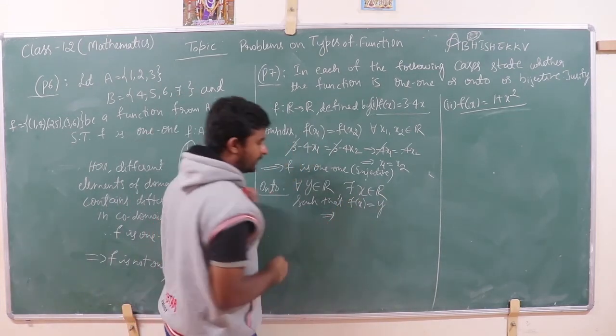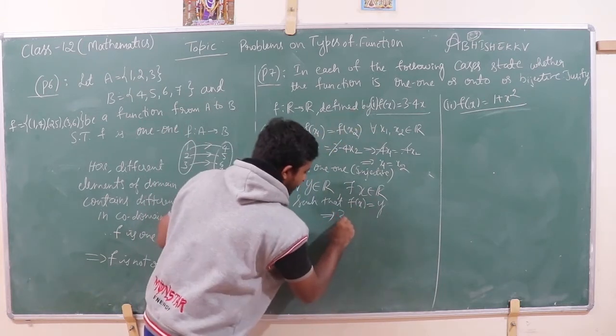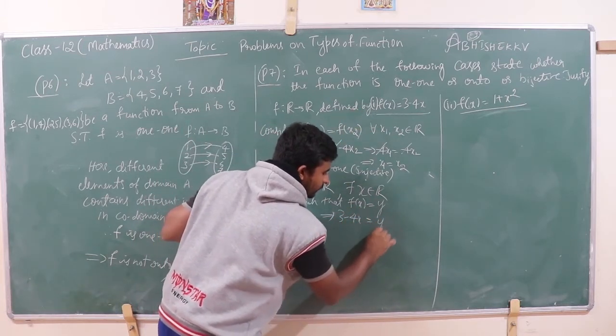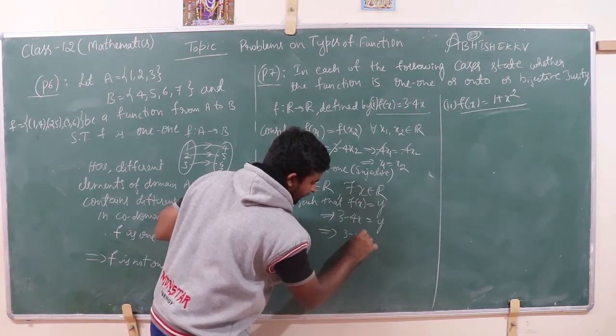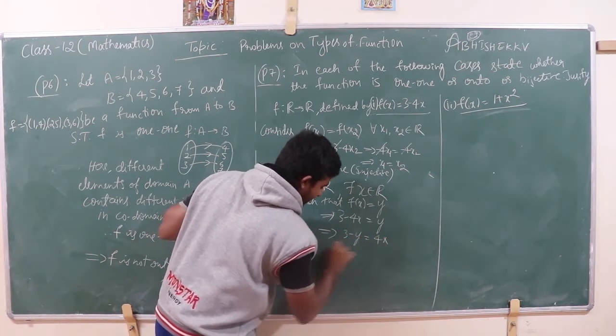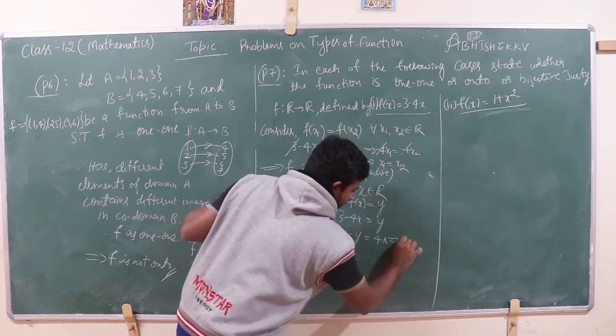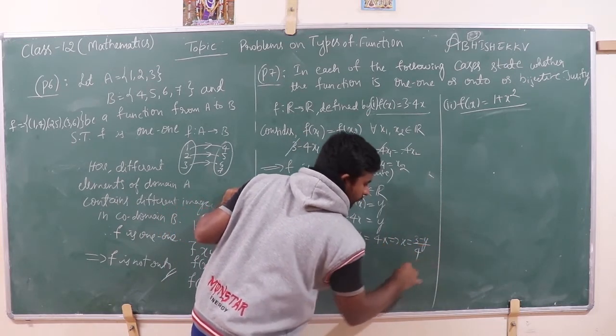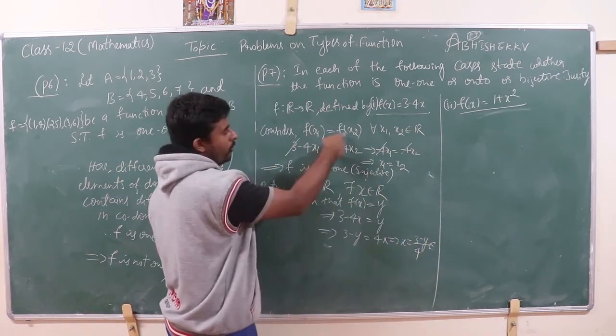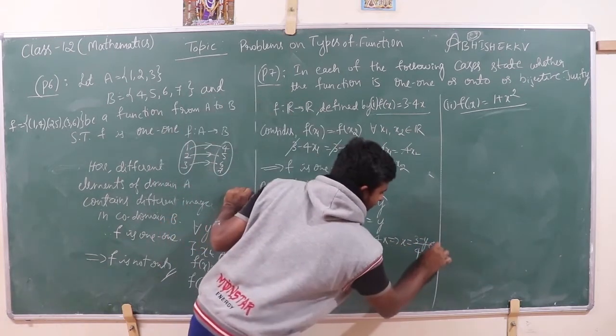This implies f of x is 3 minus 4x, which is equal to y. This implies, what is x? 3 minus y is equal to 4x. This implies x is equal to (3 minus y) divided by 4. This belongs to the domain. What is the domain? Set of all real numbers.